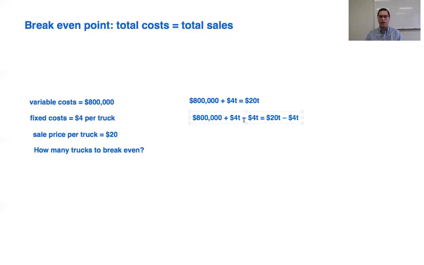And of course, that's going to equal 0 there, so we're left with 800,000 on this side of the equation equals 20 minus 4, that's going to be 16T.